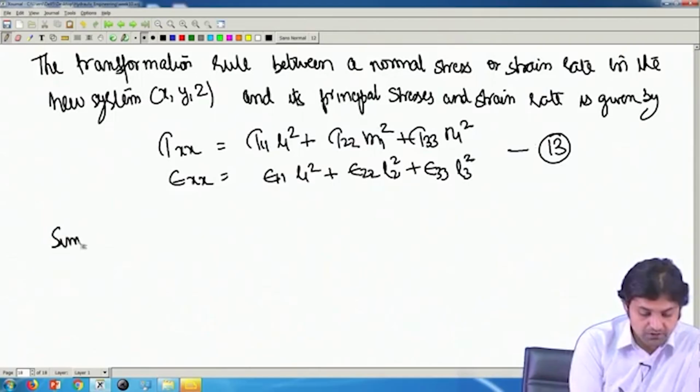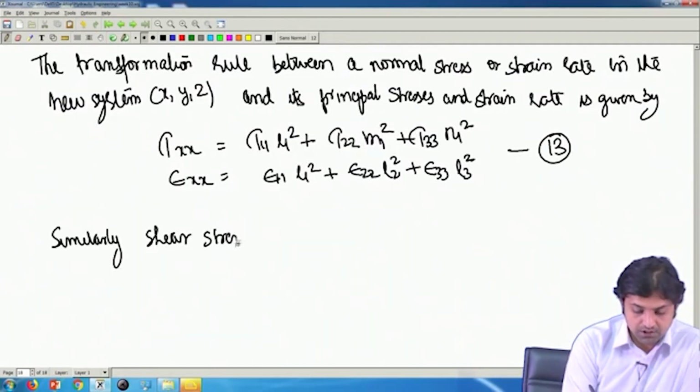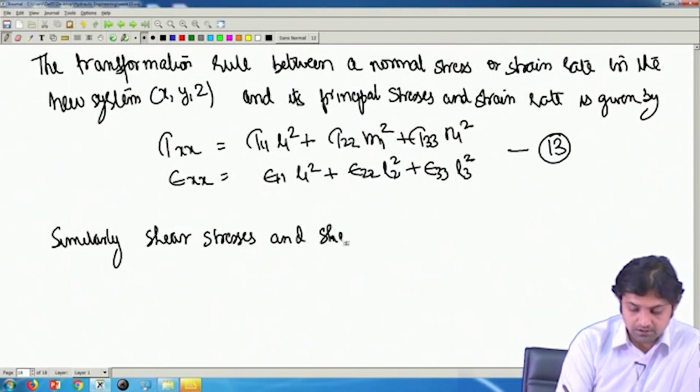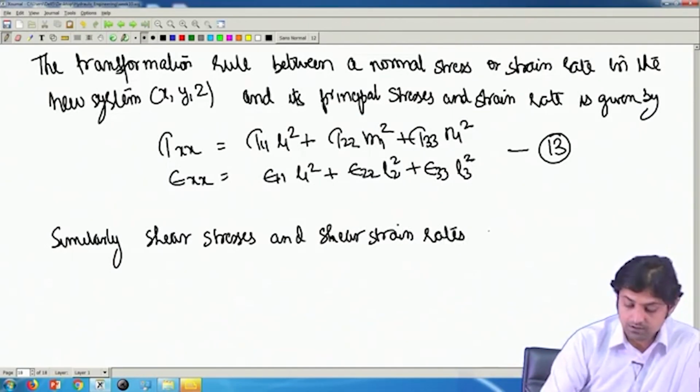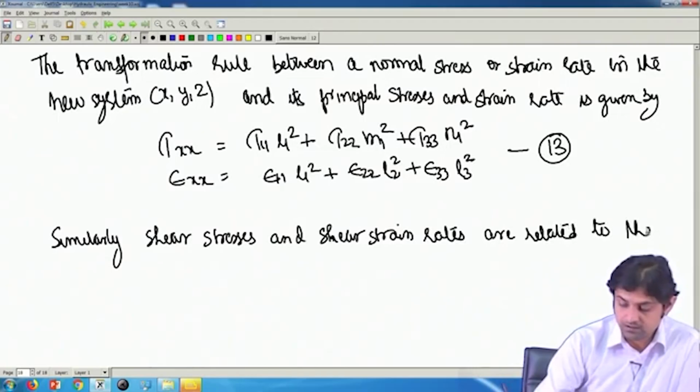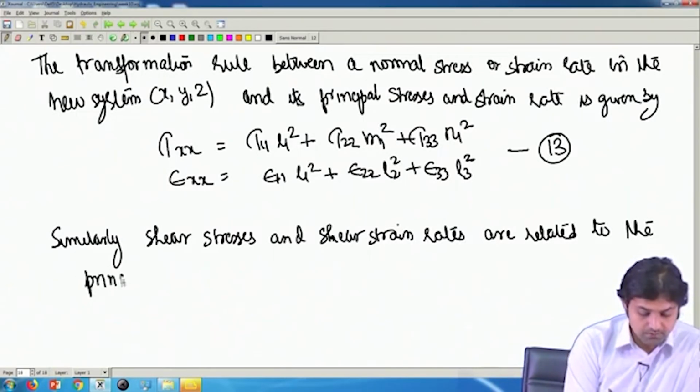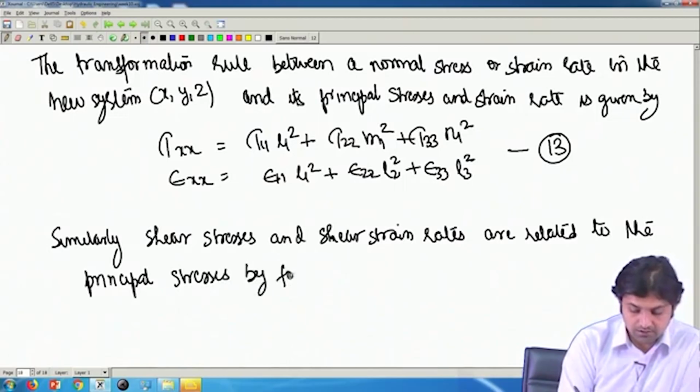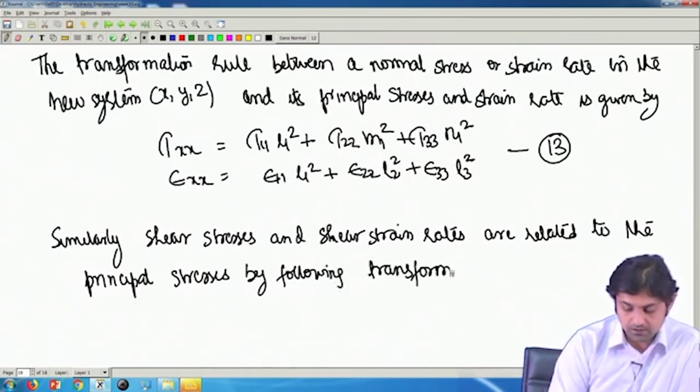So, similarly, we can also relate shear stresses and shear strain rates to the principal stresses by the following transformation law.